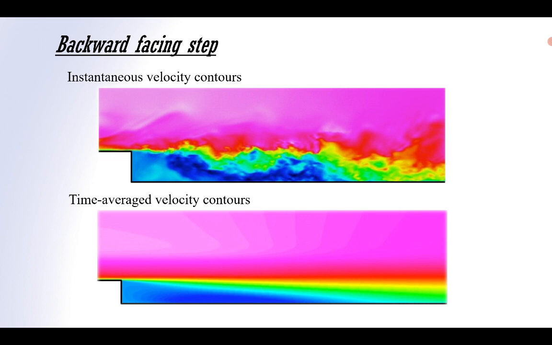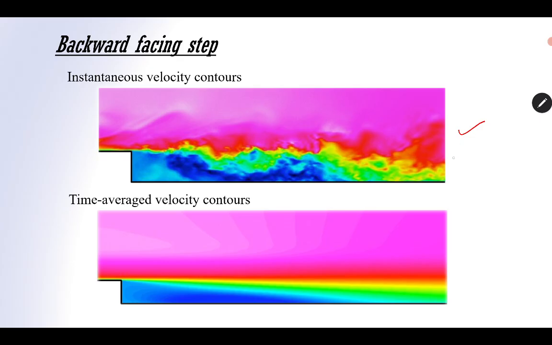Okay, so this is an example of a common model that researchers use to study turbulence models, which is the backward facing step. We can see the first picture. This is the instantaneous velocity contour, which is the real one.